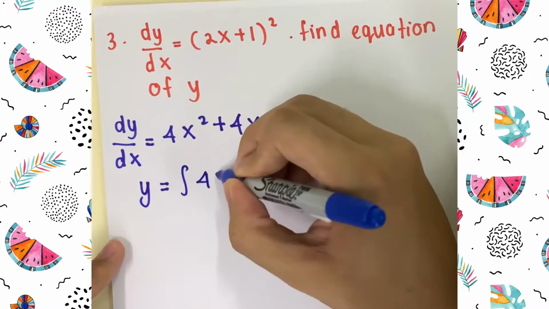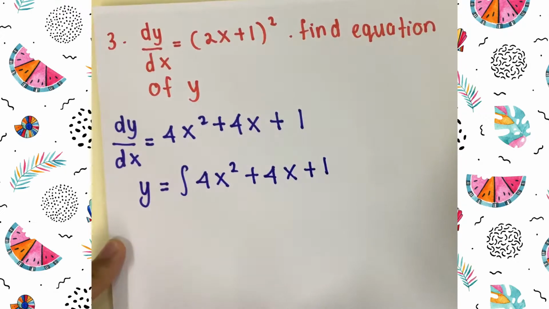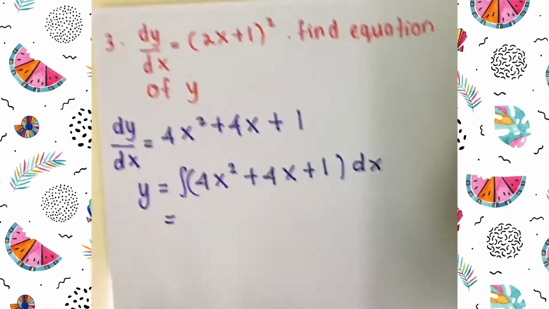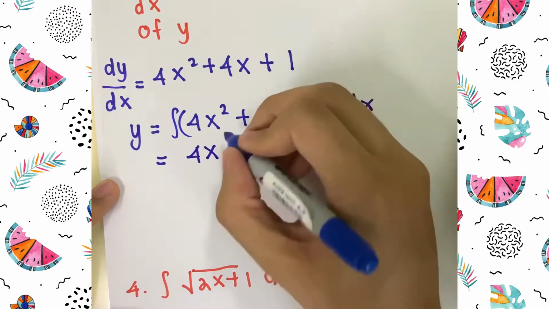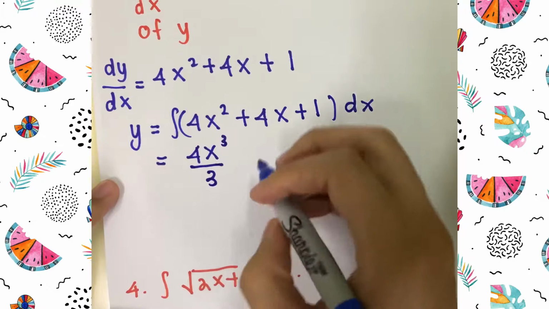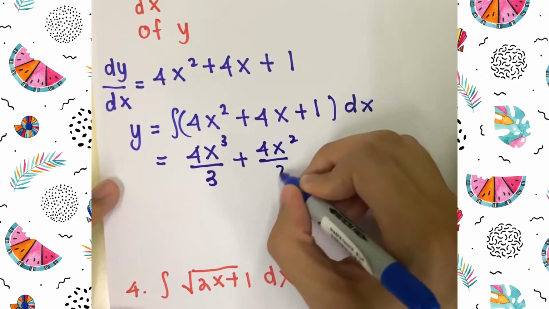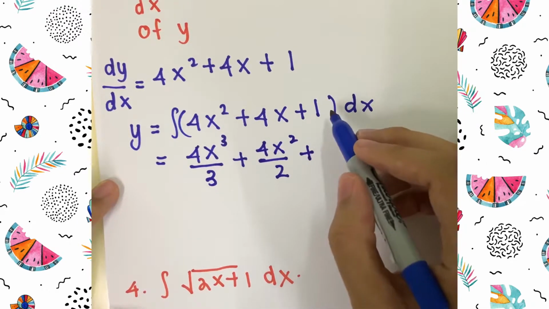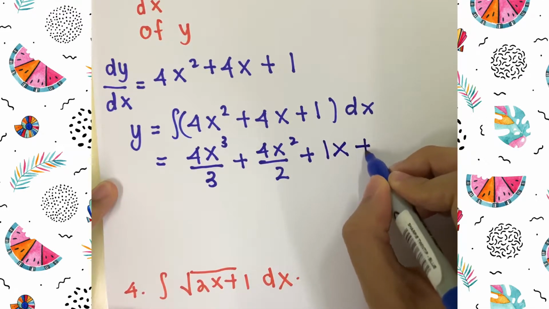So integrate 4x squared plus 4x plus 1 dx. So I will get 4x, 2 plus 1 is 3. So move to the denominator, 3, plus 4x squared over 2, plus, when you have a constant, just tag along x beside it. So you will have 1x plus c.